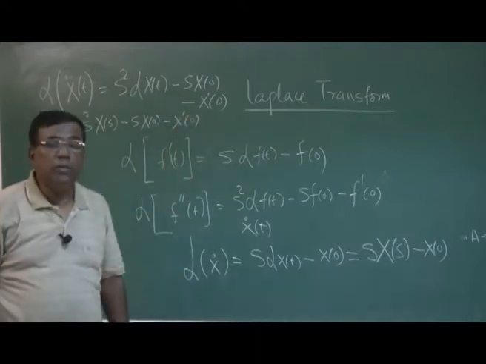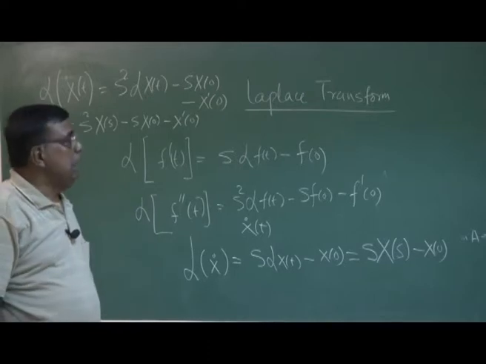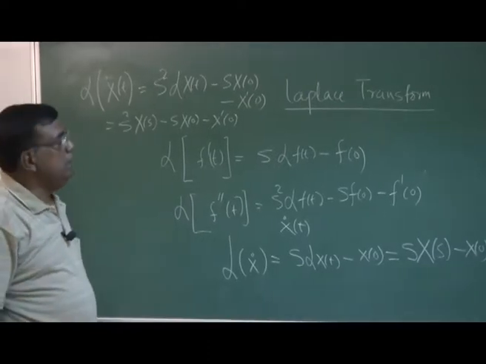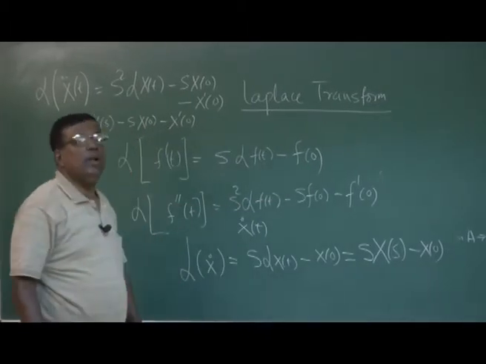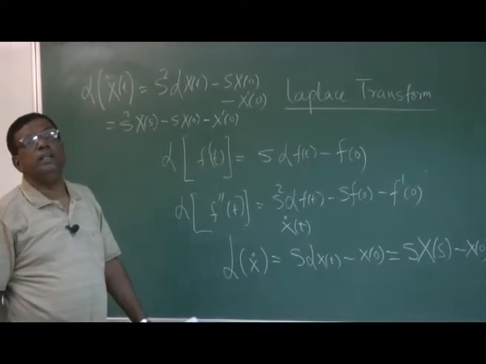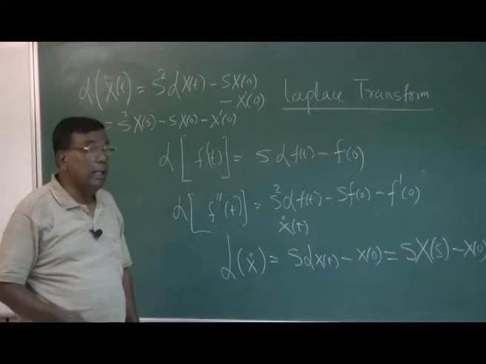Since we are dealing with a linear system, for a linear system you can always put these initial conditions to be 0 because this will not affect the stability characteristics. If it is nonlinear, then you cannot do that.